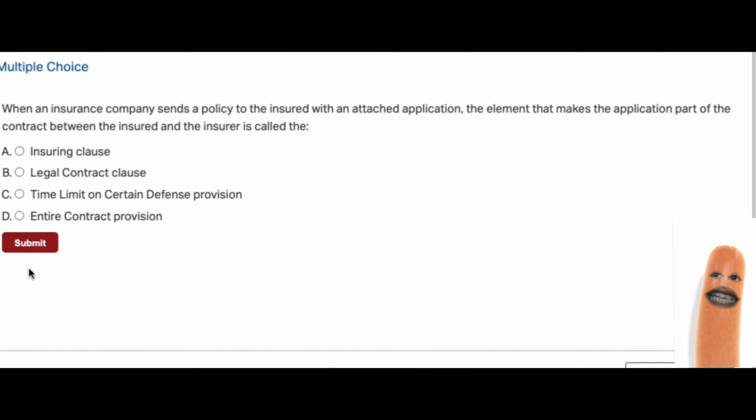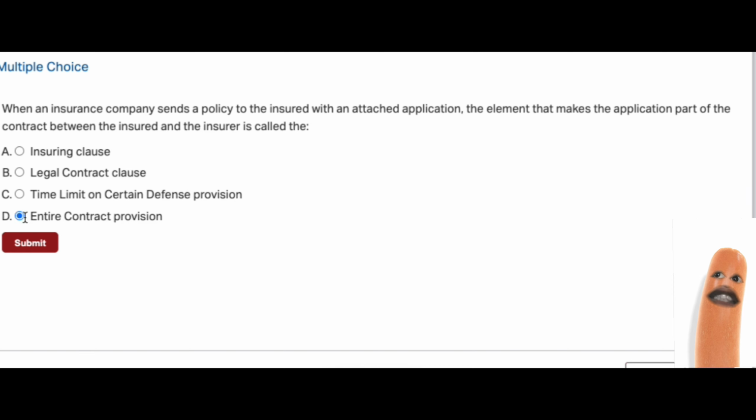The next question said, it gonna ask me this right here. When an insurance company sends a policy to the insured with an attached application, the element that makes the application part of the contract between the insured and the insurer is called the... I'm going with D, Bob.